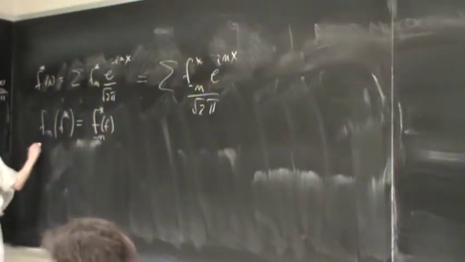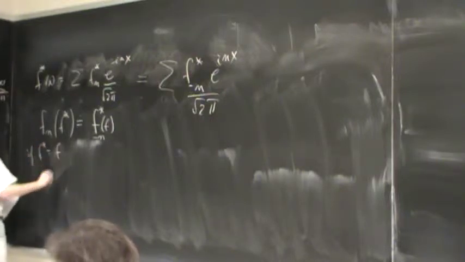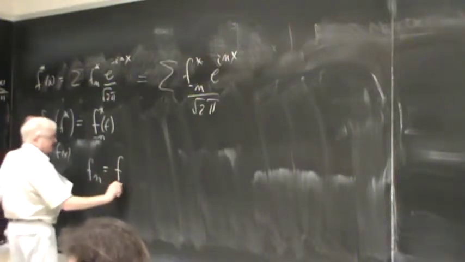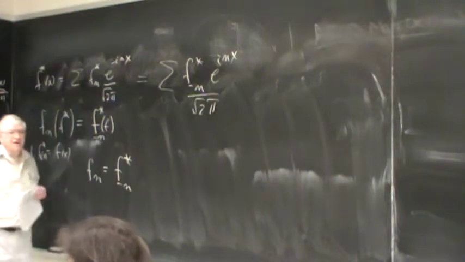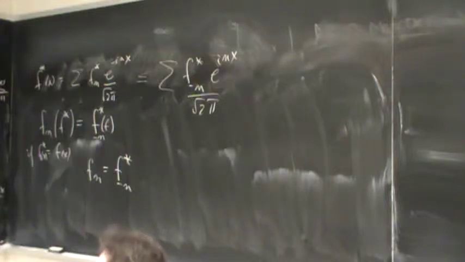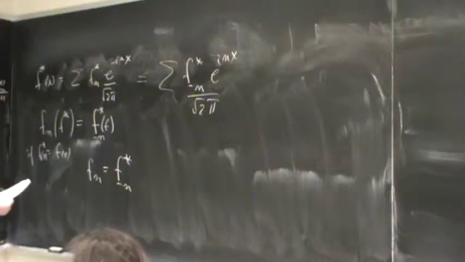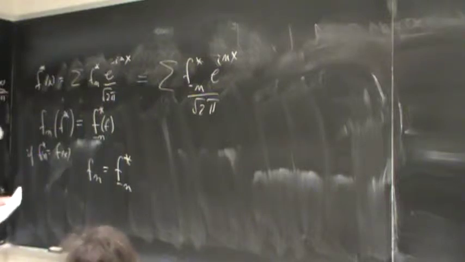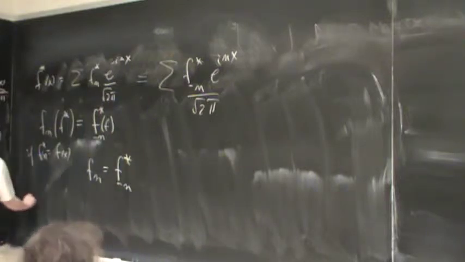So if f star equals f, in other words, the function is real, then f sub n is equal to f sub minus n star. This is a little bit like the hermiticity of a matrix. And remember, with a matrix, you have real eigenvalues.